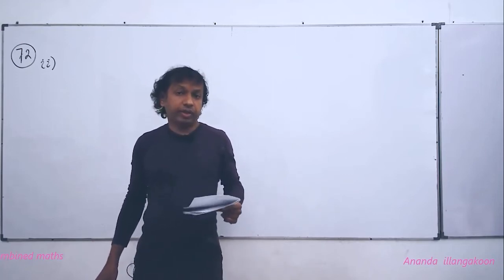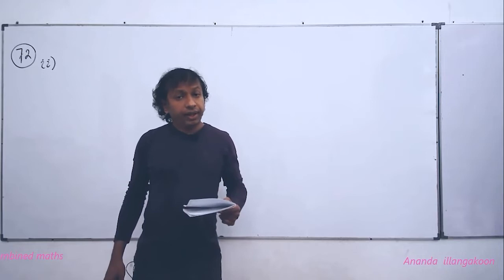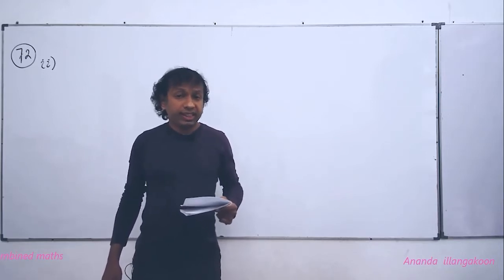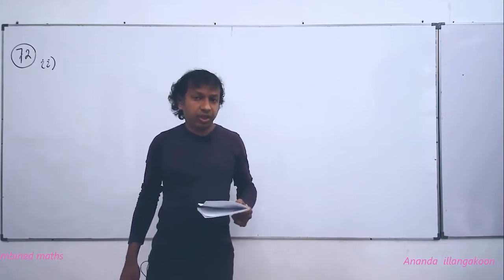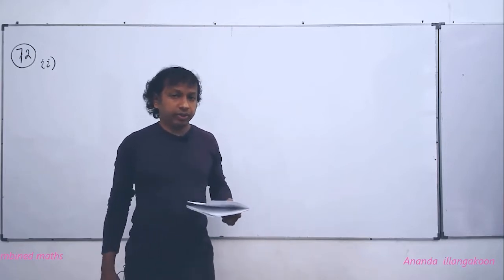Real and finite. Real means a real number. Finite means that value we can write using a real number, that means except plus infinity or minus infinity. Except plus infinity and minus infinity, all the real numbers are called finite.